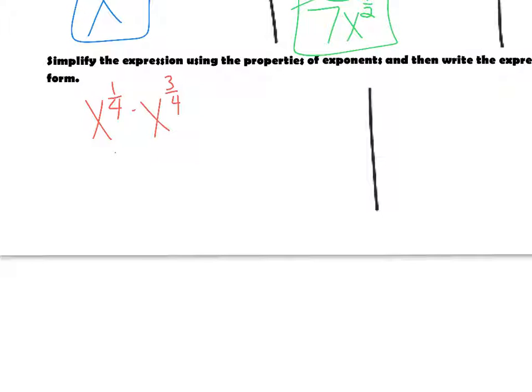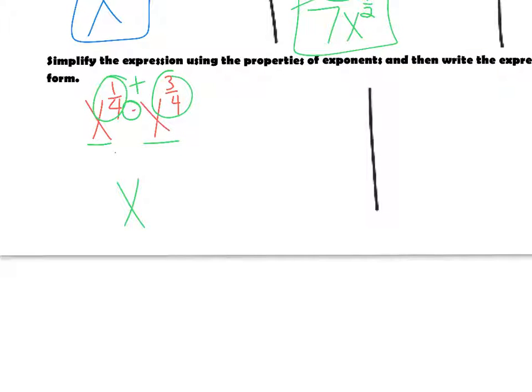Okay, if we think about what we're doing here, take this all the way back to the middle of last week. We are multiplying powers with the same base. And I know the exponents are fractions, but it doesn't change the rules. Anytime you're multiplying powers with the same base, you're going to add your exponents.